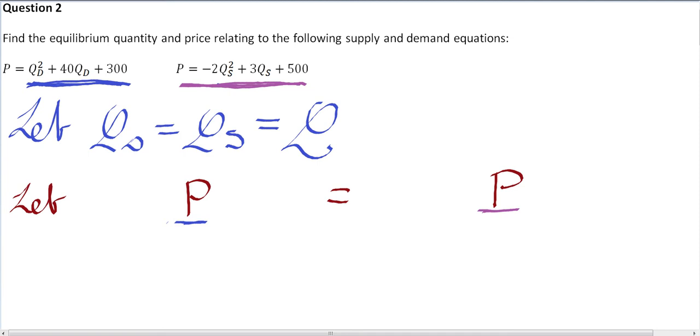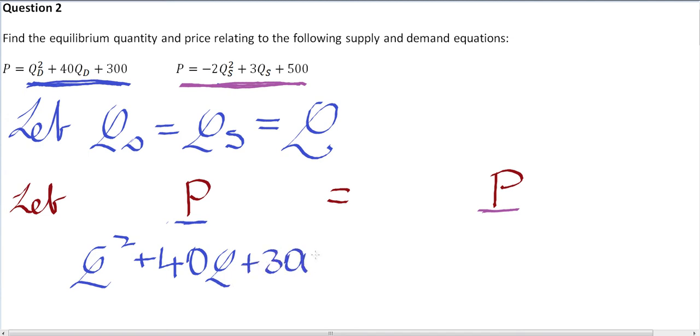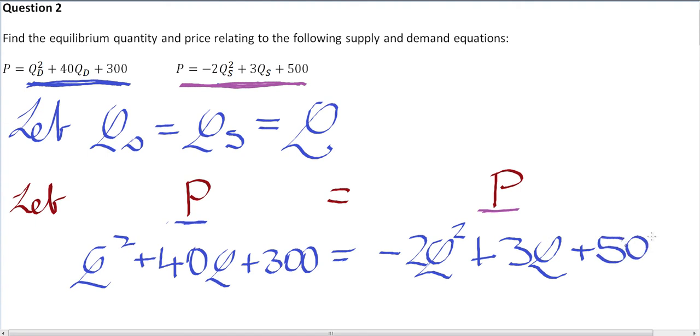So underneath, this is going to be the blue p, and this is going to be the purple p. So underneath I have let the q squared plus 40q plus 300, let that blue p equal the purple p, the minus 2q squared. And remember, I'm letting all the q's equal to each other as well, so I don't need to write qd or qs, I just write q, plus 3q plus 500. Okay.